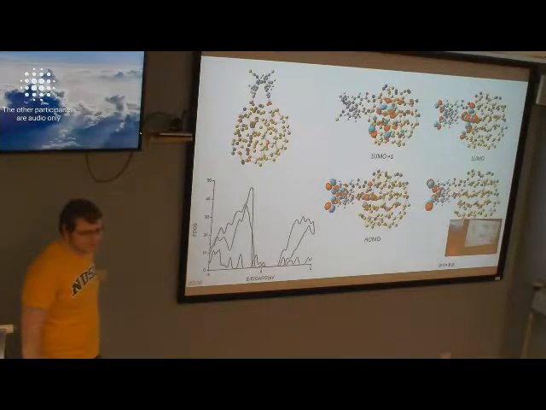But it might be really the effect of interaction as well. So we need to look at the dye both in solvent and in vacuum, right?